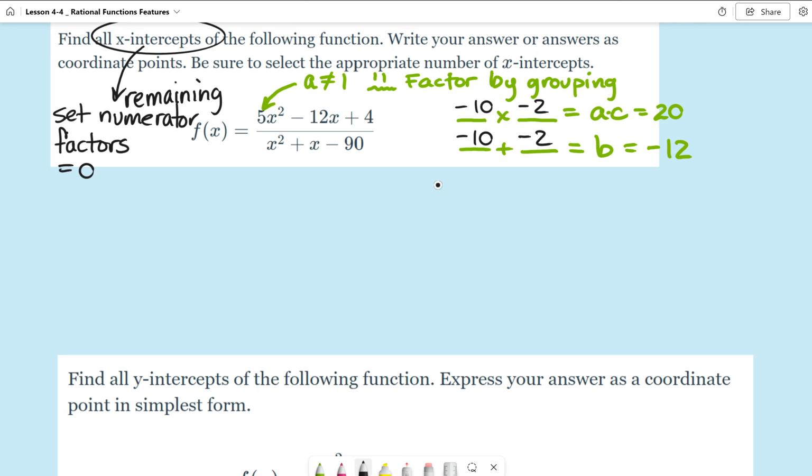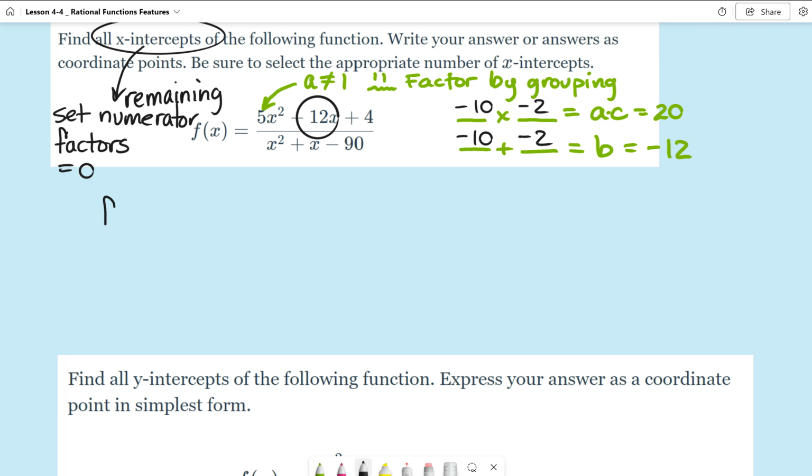So what you're going to do is rewrite this trinomial in 4 terms by making negative 12 become the sum negative 10 plus negative 2. Because isn't that what you just told me, that negative 12 is negative 10 plus negative 2?